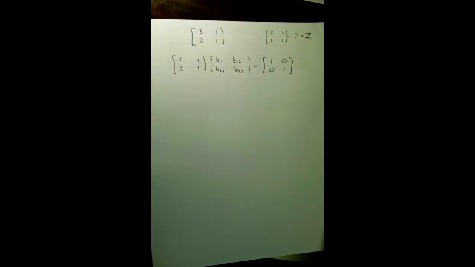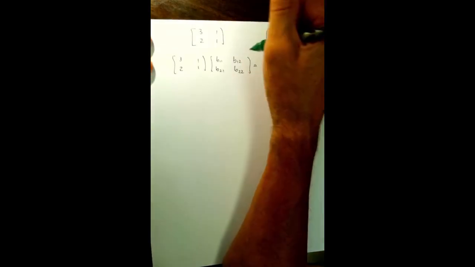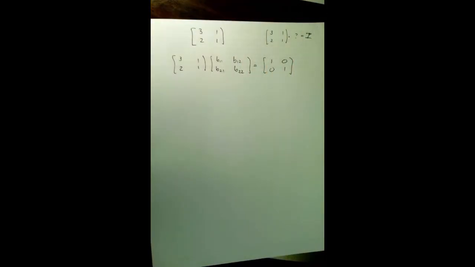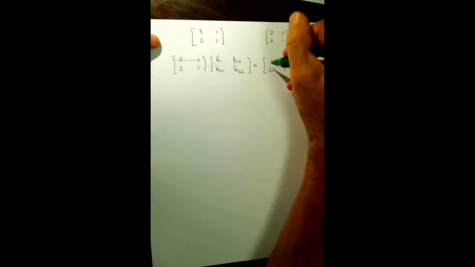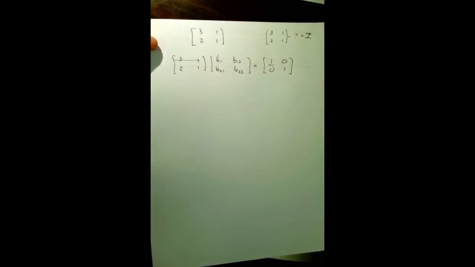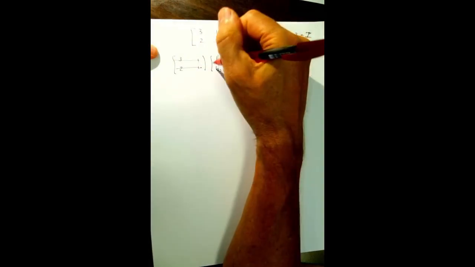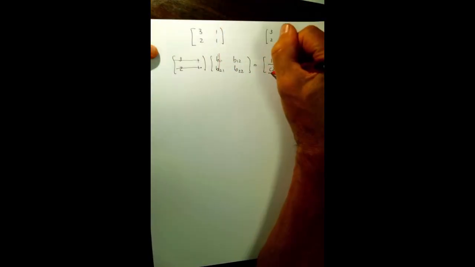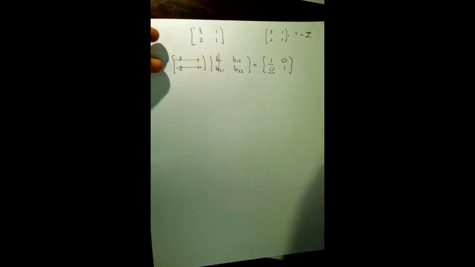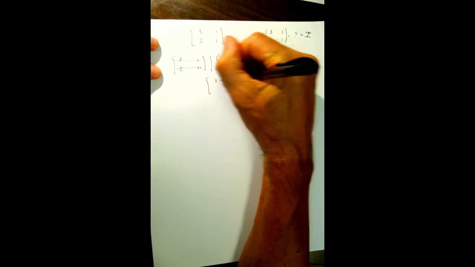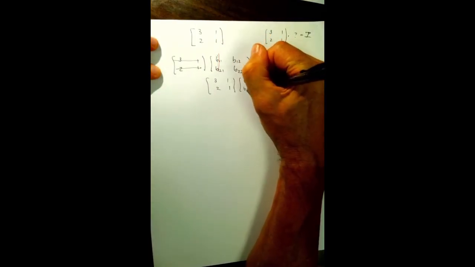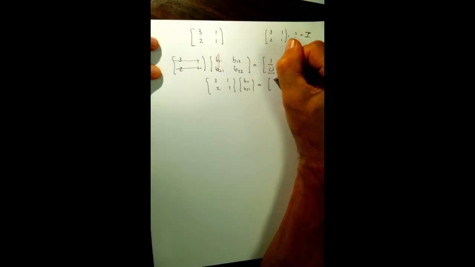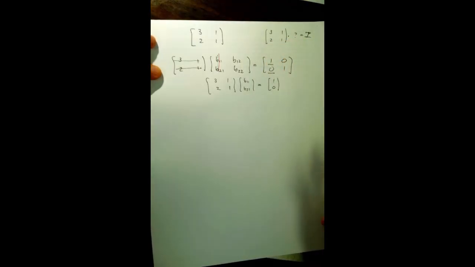The way we have defined matrix multiplication is that if I go across this row and down this column, that gives me this entry. If I go across the second row in the first column, that gives me that entry. That means this matrix times this column gives me 1, 0. Same thing is true for here.